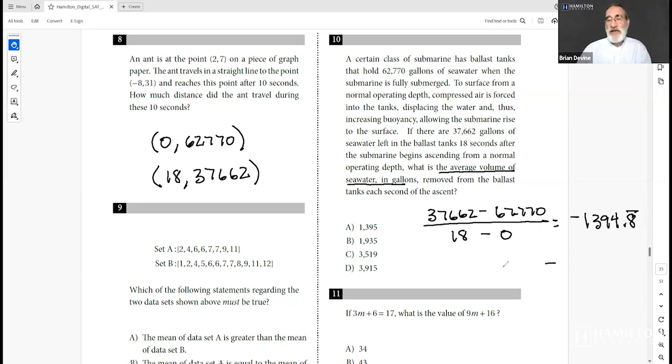So the slope then between these 2 points is about negative 1,395. And it's negative because I'm removing water. I'm removing water from the tank. And so the volume of water that was removed is going to be 1,395.